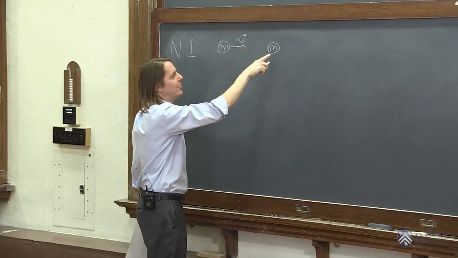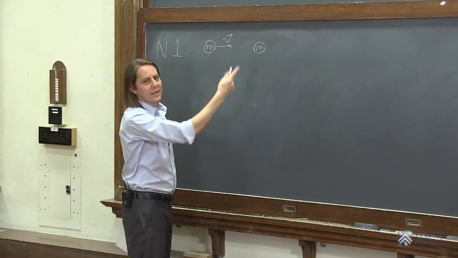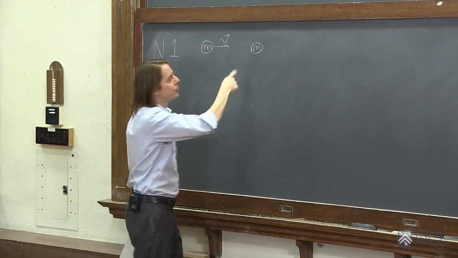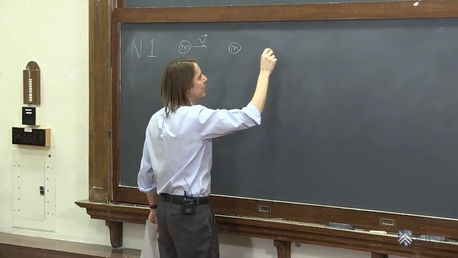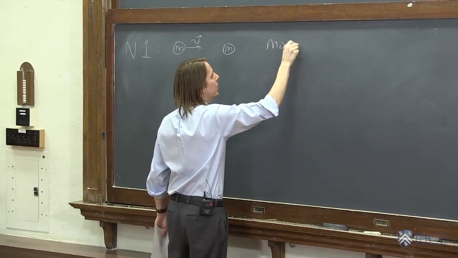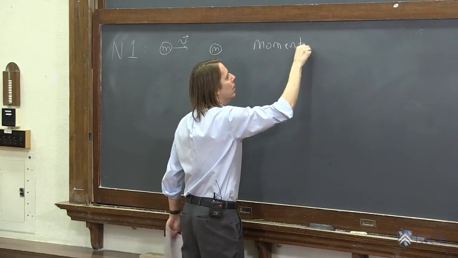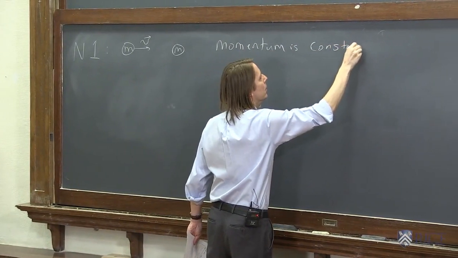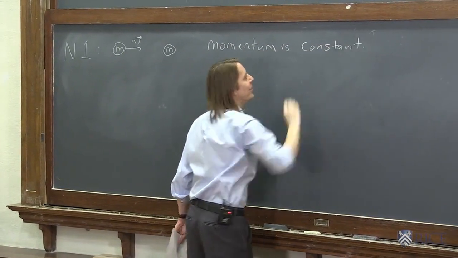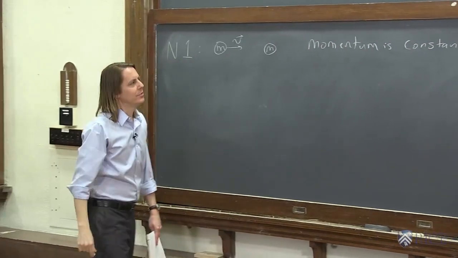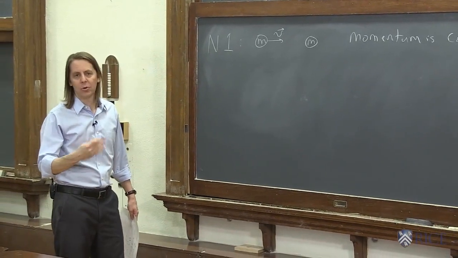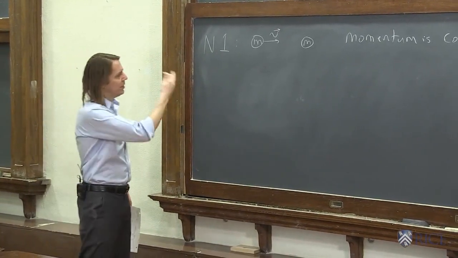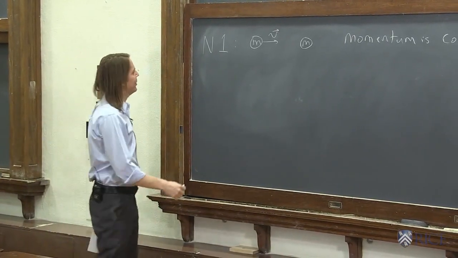So it's retaining its momentum. Here, this has no momentum. It's retaining a state of no momentum. So what this one is really saying in terms of momentum is that momentum is constant. He didn't say the part about the isolated system, but it's basically implied. So momentum is constant or conserved. So the first law is really just saying conservation of momentum.